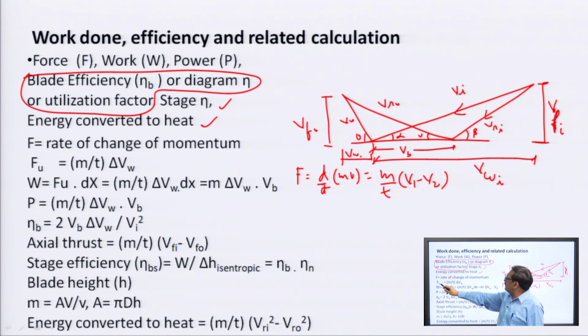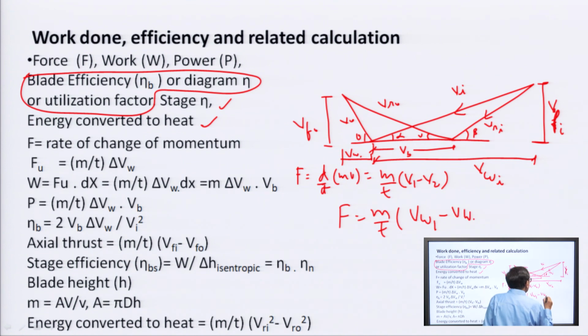So, u is the blade velocity or Vb. What is the force in the direction of the wheel? m dot, or m by T, into Vw1 minus Vw2. Vw1 is in this direction, Vw2 is in this direction, both are opposite, so it will be plus.